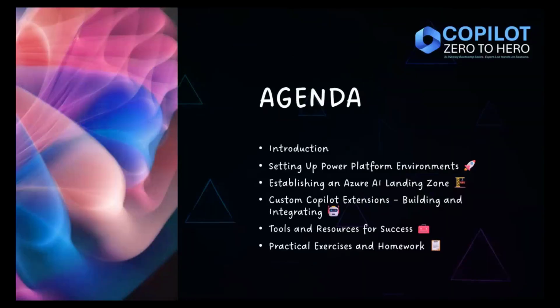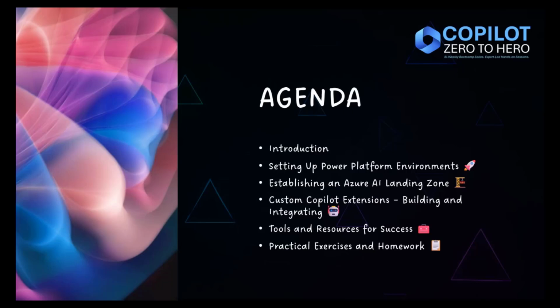Cool. So just quickly, what's on the agenda for this evening? We'll do a quick introduction once again on agents, and then we'll talk about setting up Power Platform environments and why that is important on your Copilot journey. Then also talking a little bit about establishing an Azure AI landing zone. If there's anyone on the call that's worked with Azure AI landing zones before, I might just tap into that knowledge as well, because this is new to me.